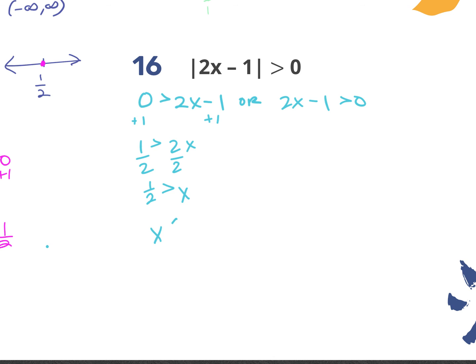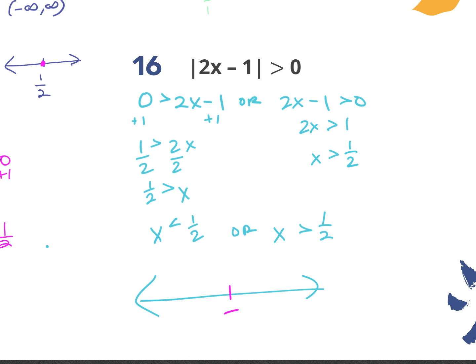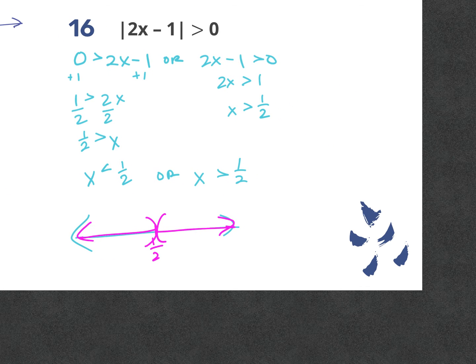So x is less than 1/2, or x is greater than 1/2. So this is basically saying every single number except for 1/2, because it's not or equal to.